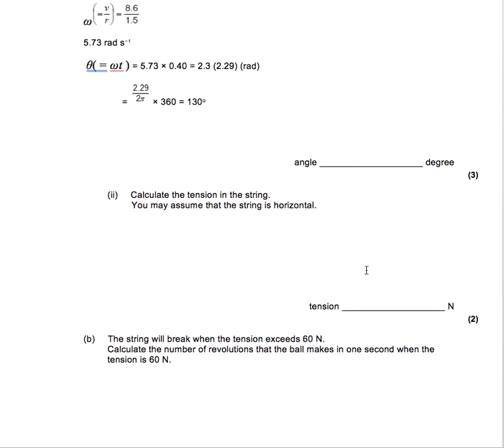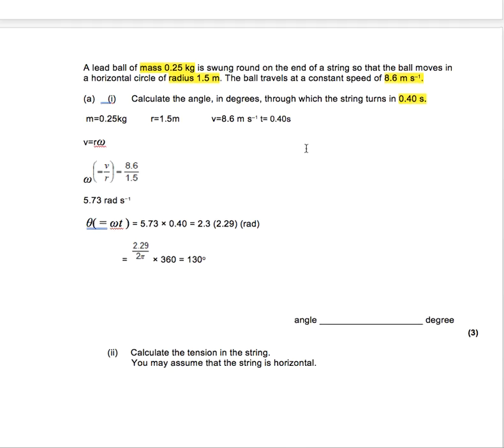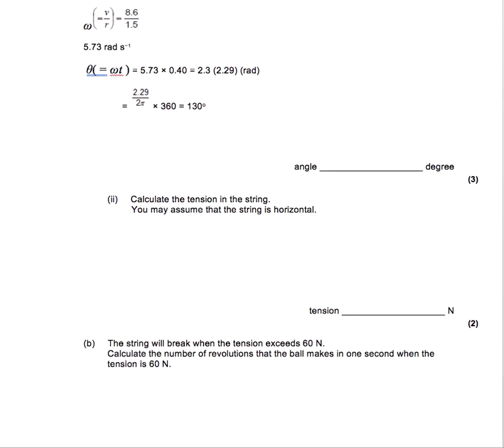Calculate the tension in the string. Well, we're looking at a horizontal circle, so the weight of the ball has got no effect here because that's obviously vertical. The tension in the string is the only force involved in providing the centripetal force, so tension must equal the centripetal force.